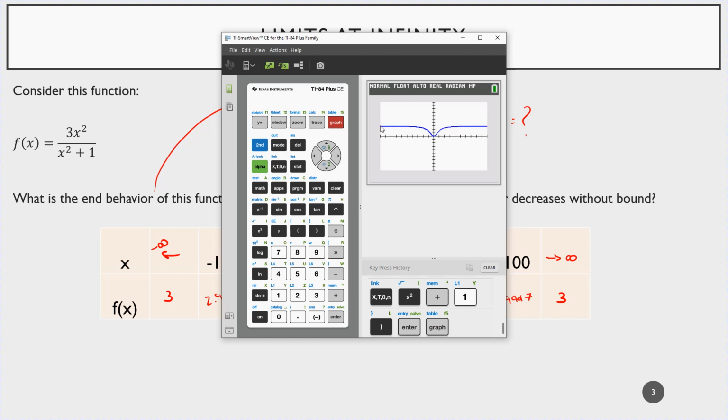It looks like it's going to be the number 3 here. So this was one way of looking at the graph to see it, and this is another way, with the table, to see how you evaluate these limits. This section is going to be about that. I'm going to show you some tricks of the trade for evaluating all these limits, and we're not going to use these tables of values. There are some easier ways to do it, and that's what we're going to investigate in this lecture.